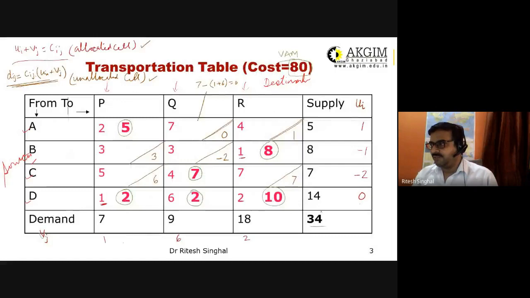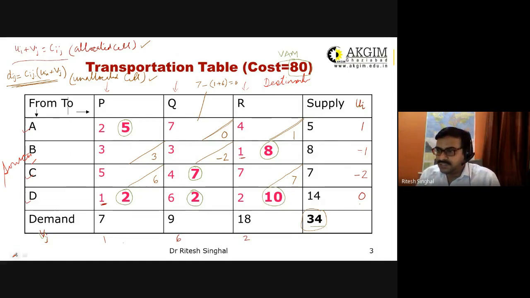Since we have 34 units in our hand and that is already allocated, we cannot add more units here. So what we do, we adjust the existing solution, we adjust the already given distribution, to get the modified distribution. That is the name of this method also.